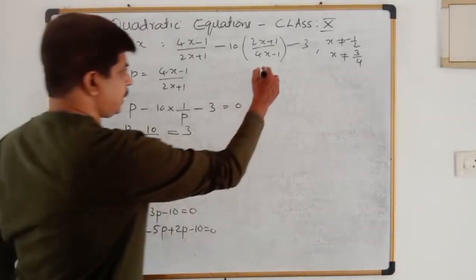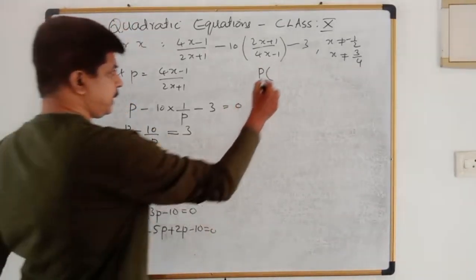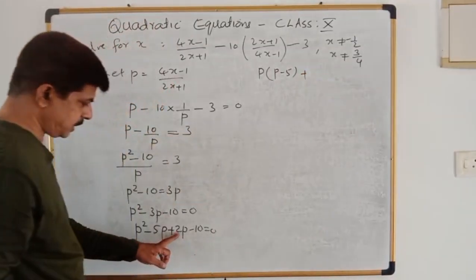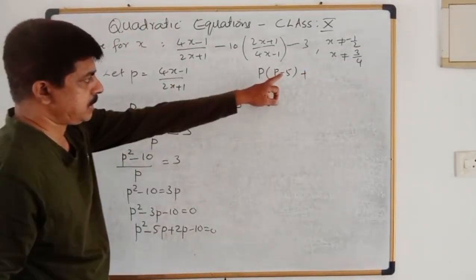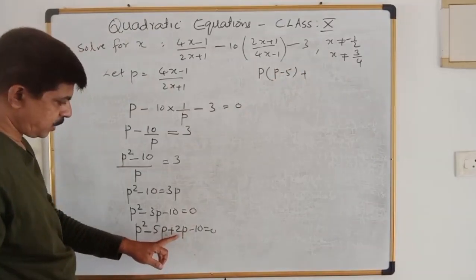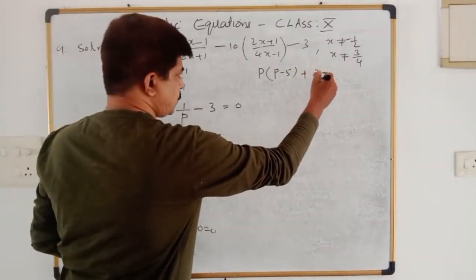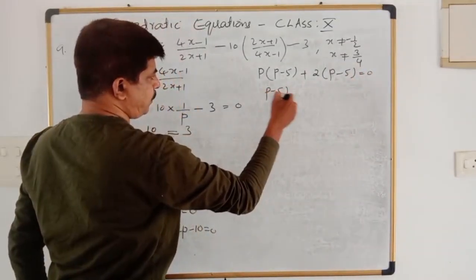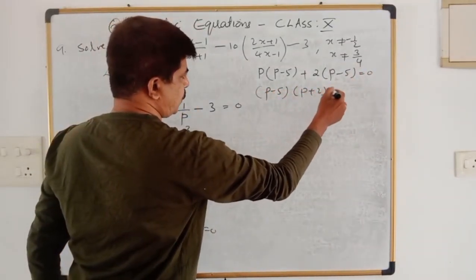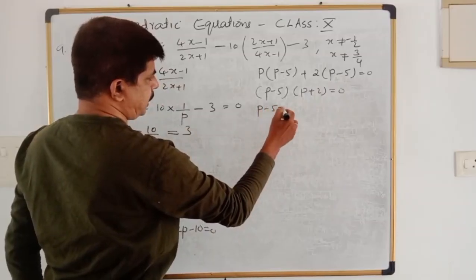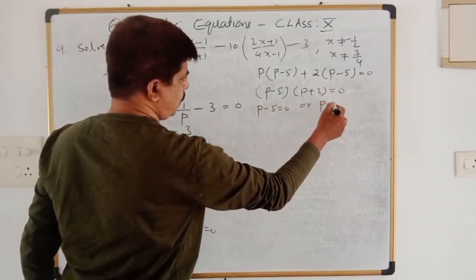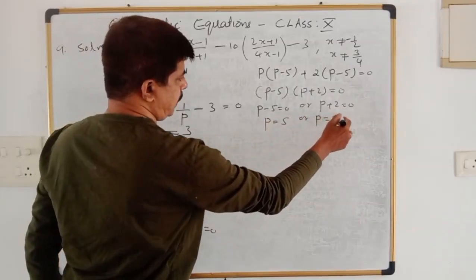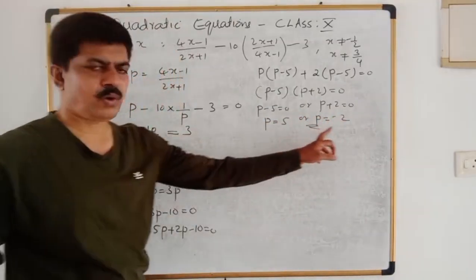So we take the common factor: p minus 5 plus 2 times p minus 5 equal to 0. So p minus 5 and p plus 2 are the two factors. p minus 5 equal to 0 or p plus 2 equal to 0, so the value of p is 5 or negative 2.